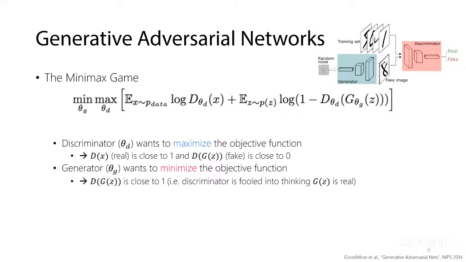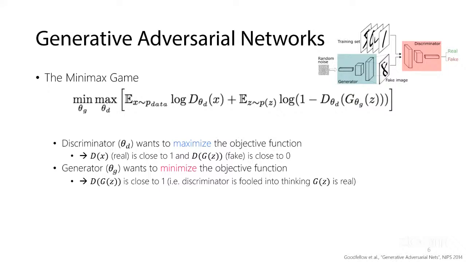The second term is pretty much the same, except that now the data comes from the fake image. So p of Z is a random seed, a random number that the generator uses to generate an image.